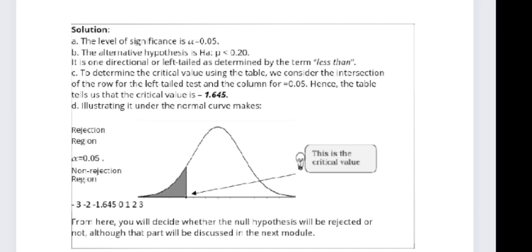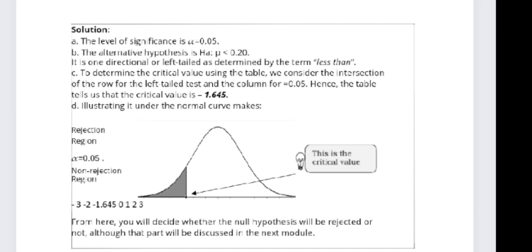To determine the critical value using the table, we consider the intersection of the row for the left-tailed test and the column for 0.05. Hence, the table tells us that the critical value is 1.645. It is negative because it is left-tailed.